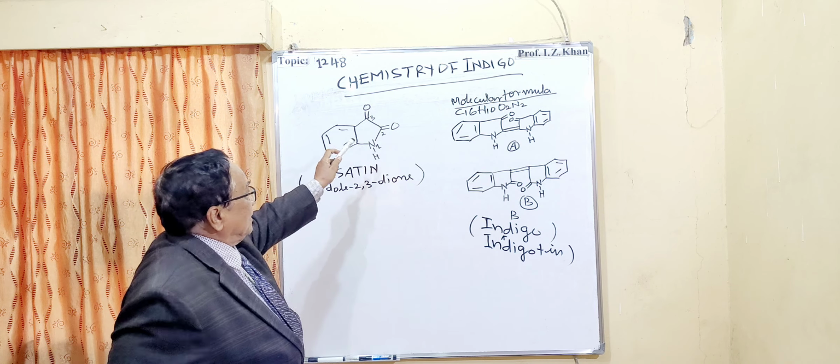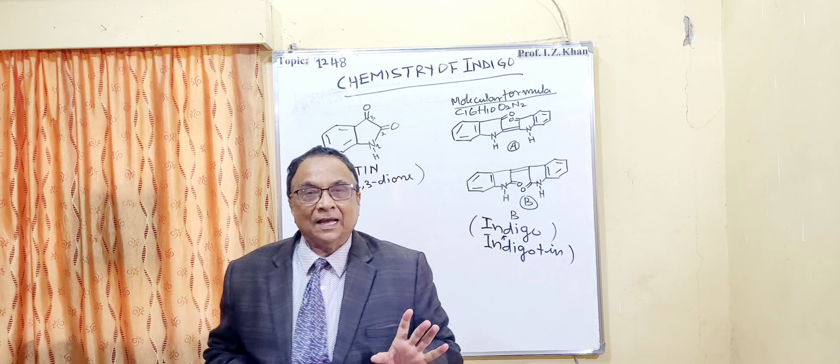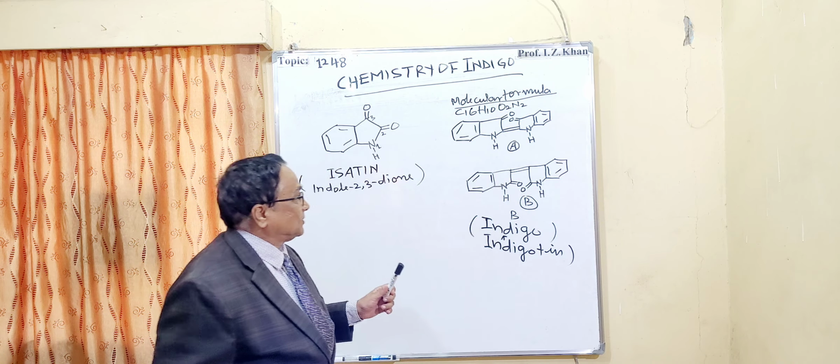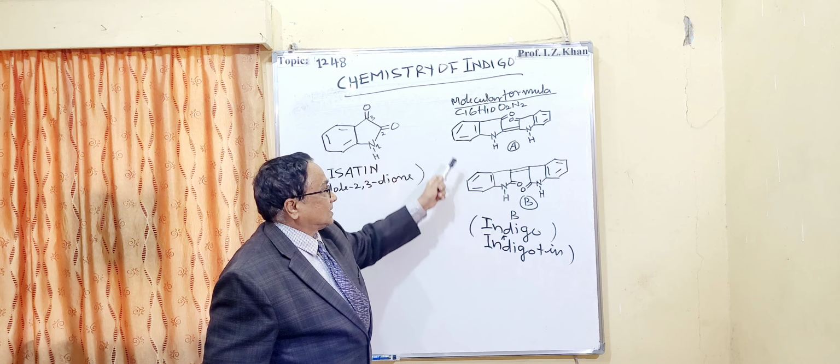That's why it is called indole 2,3-dione, and indole 2,3-dione is called isatin, and the final product it gives is isatin. So it clearly confirms that indigo dye, or indigotin, is made up of 2 molecules of isatin, and the 2 molecules of isatin can be in these 2 structures.